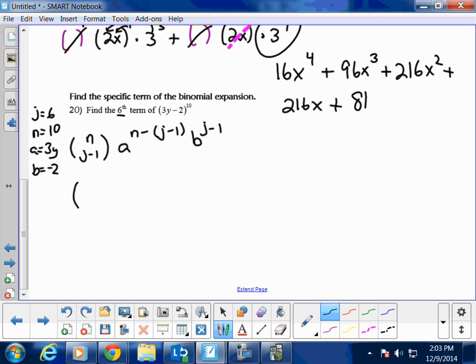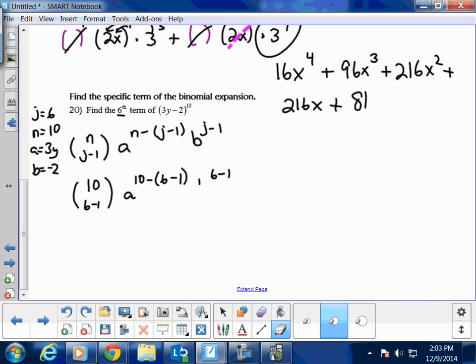So in this case, my n is 10, j minus 1, which is 6 minus 1, times a to the n minus j minus 1, which is 10 minus 6 minus 1, times b to the 6 minus 1. Now, I do know what a and b are already, so let's fill in those numbers, 3y and negative 2. Now, let's simplify this some more.